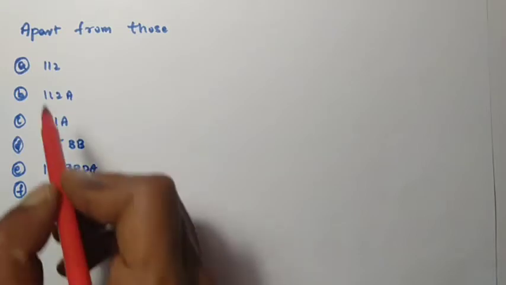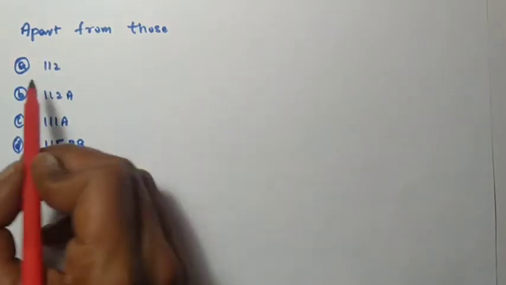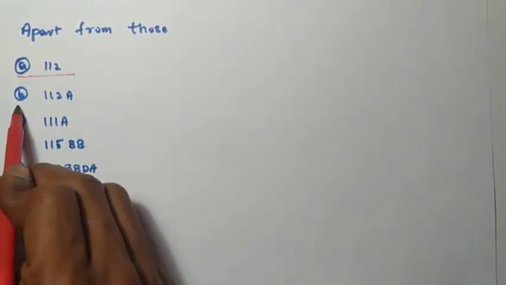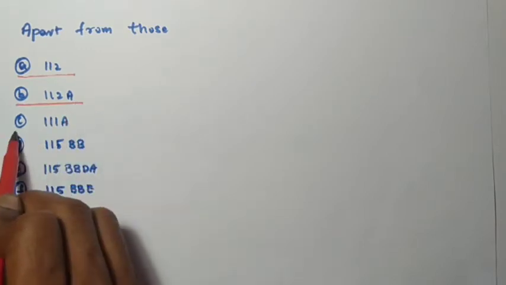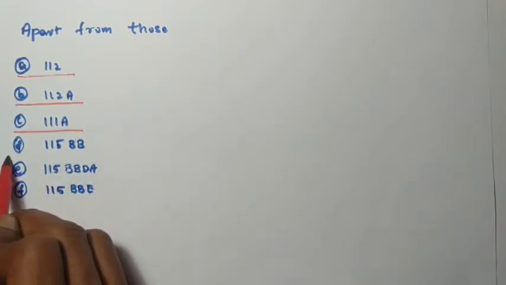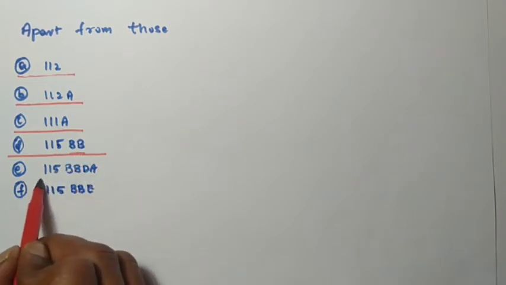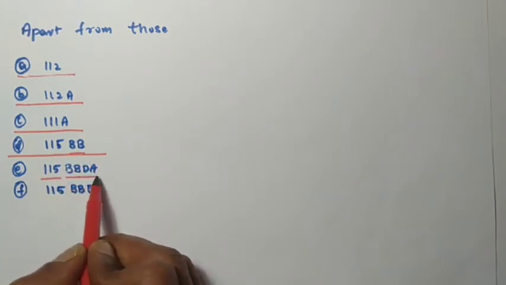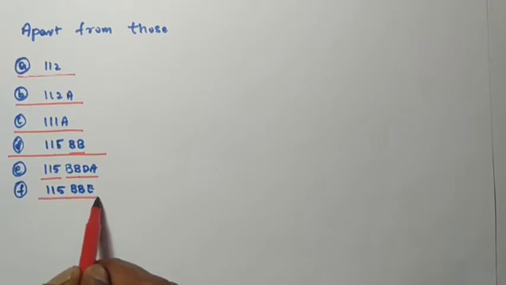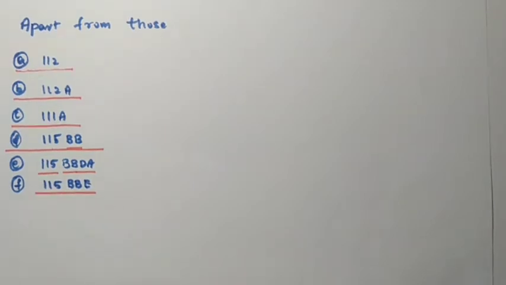Apart from those, we have six sections: section 112, section 112A, section 111A, section 115BB, section 115BBDA, section 115BBE. We will discuss these rates of tax in the respective chapters.